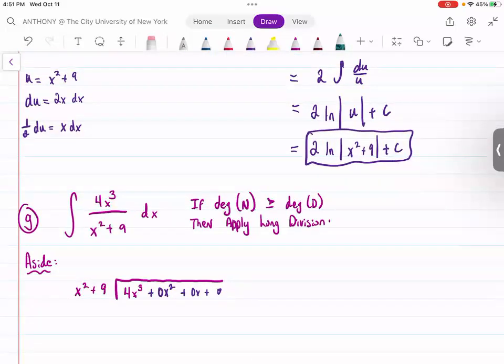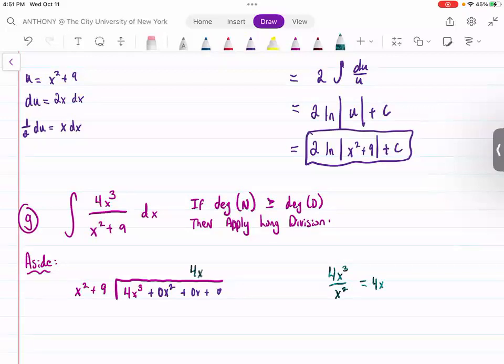First, you want to ask yourself, how many times can x squared go into 4x cubed? Mathematically, it looks like this: simplify 4x to the third over x squared. If you simplify this, what do you get? You get 4x. So you write the 4x above the 0x, so the powers line up accordingly.